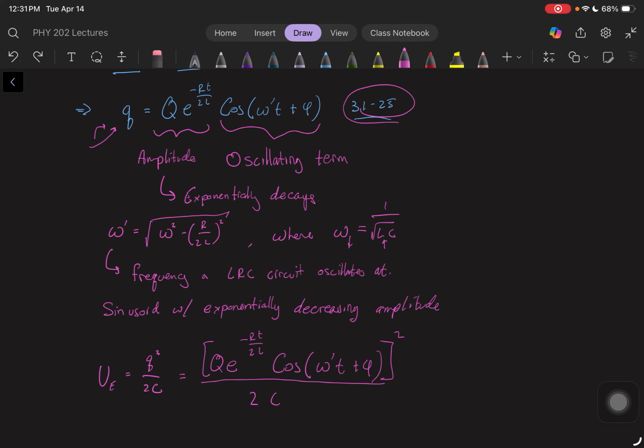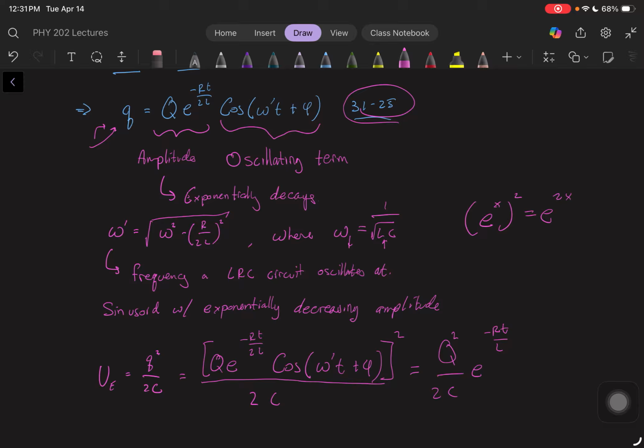Okay, and so let's go through and square that. Nothing too tricky. And so we get Q squared over 2C times e to the negative Rt over L, right? Remembering that e to the x squared is e to the 2x.